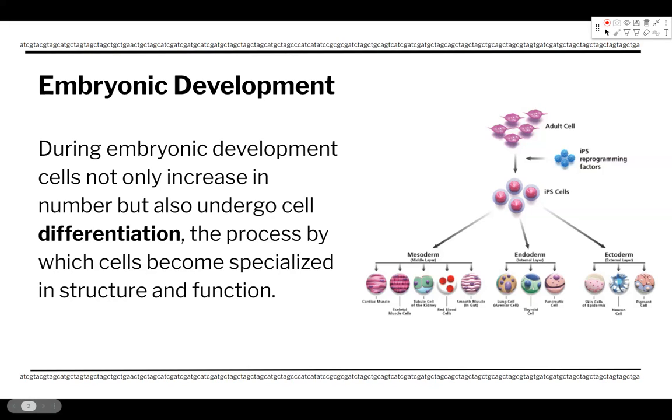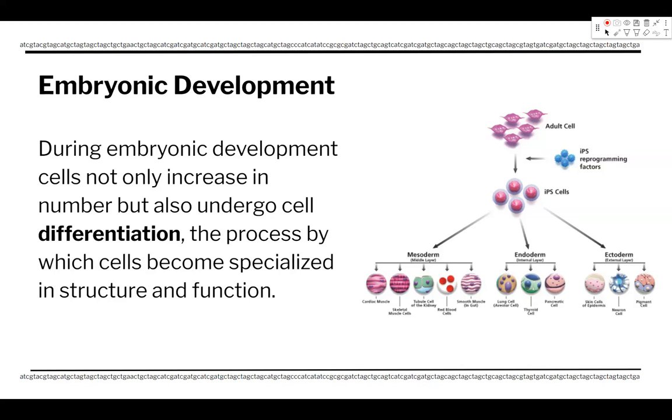A lot of this is going to boil down to embryonic development, because that's where a lot of this stuff takes place. It's where a lot of the differentiation happens, right? It's when lung cells become lung cells and heart cells become heart cells, and all of those cells get their specific jobs.